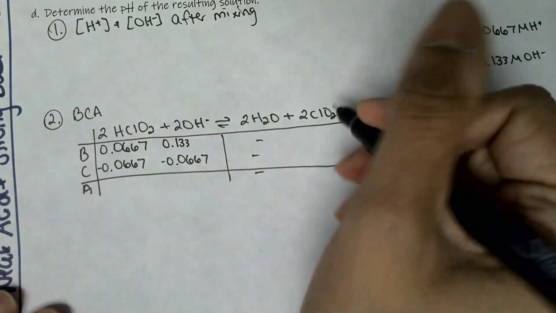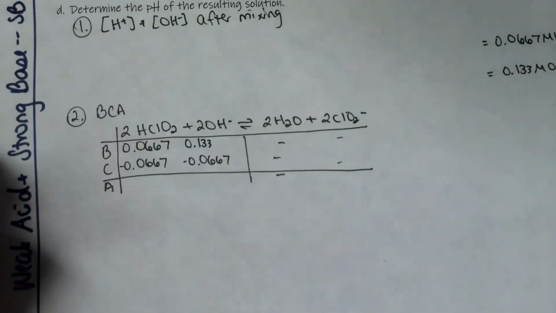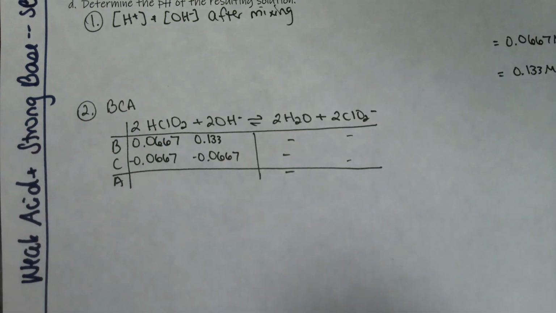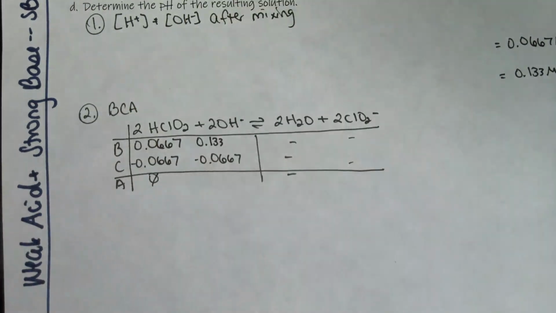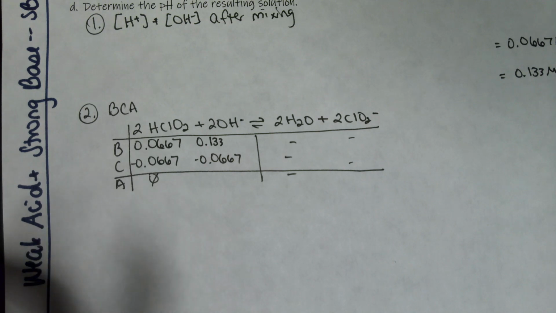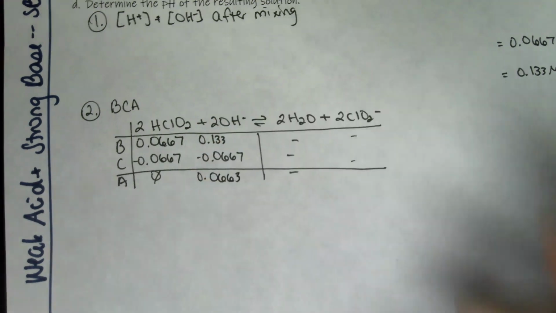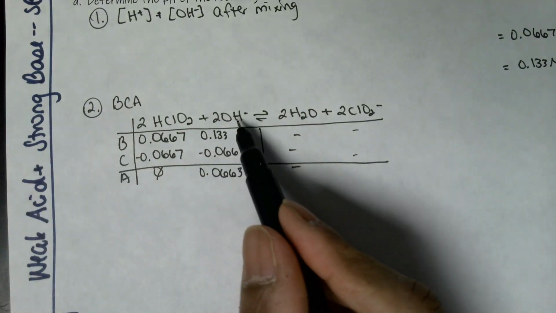We're going to keep those as our minuses for right now, because I know that I'm going to have that as my excess. So 0.133 minus 0.0667 gives us 0.0663.